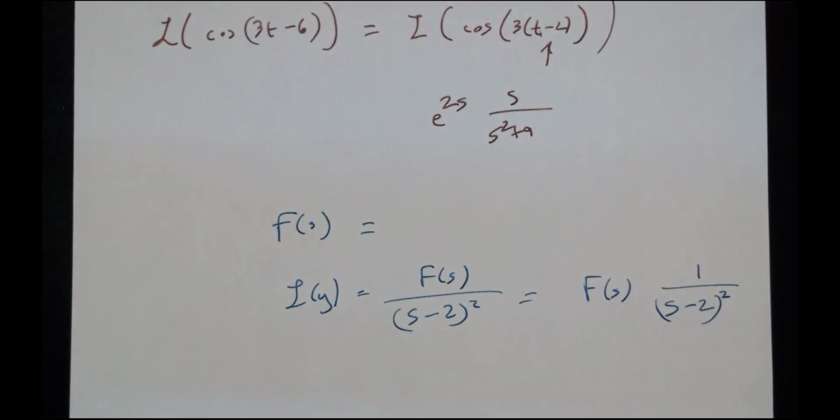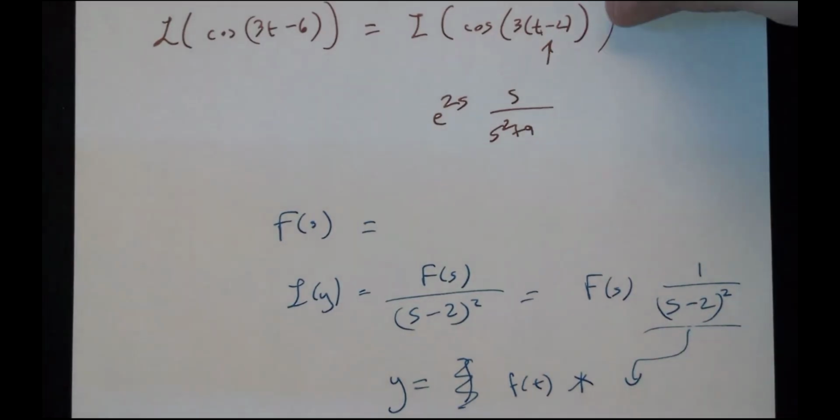Yeah. So I know what the inverse transform of this is. When I do the inverse transform of this, I'm going to get little f of t. So I'll just write it as a convolution: f of t star whatever the inverse transform of that is. And that turns into t e to the 2t.